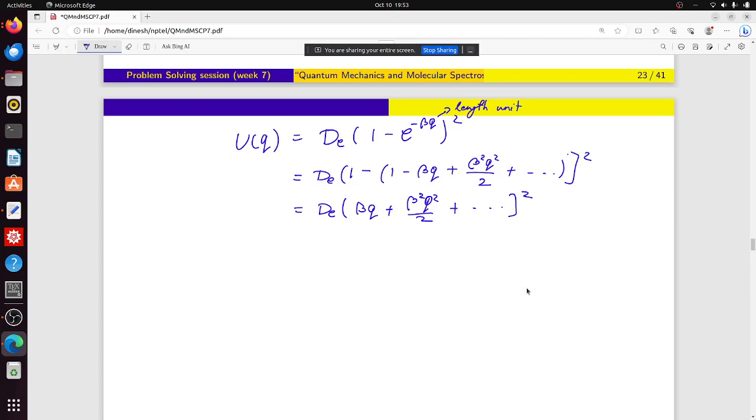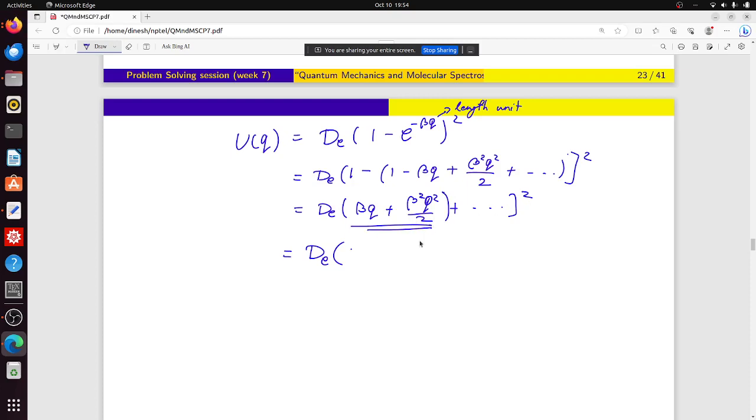Right. Now if I do the square, there are several terms, right? So it's like (a plus b plus c) whole square. So let's take up to the second order term.